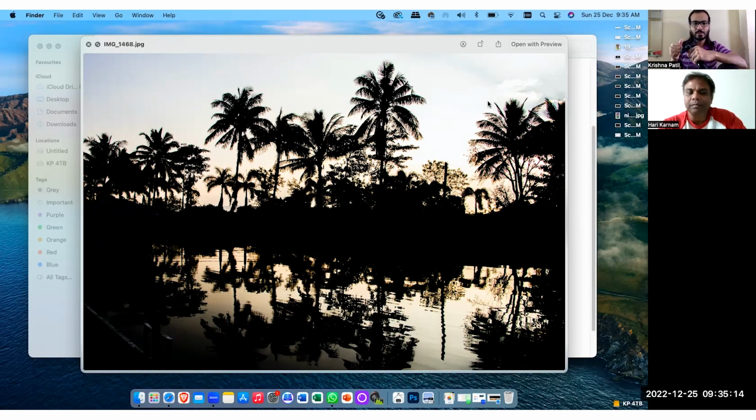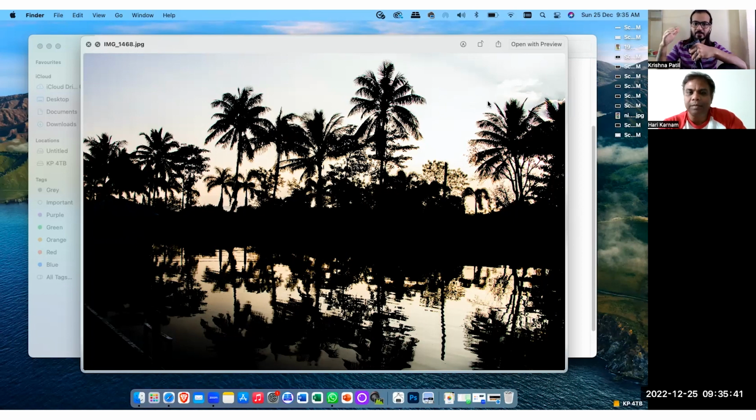What exactly do we do? We capture a subject from the opposite side of the light direction, and we increase the shutter speed. When you increase the shutter speed, you are limiting the light coming into your image. So you are playing with the shadows, and using those shadows you are creating an outline of the subject. Here, the same thing happened.